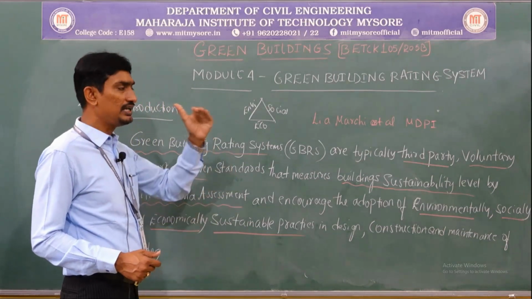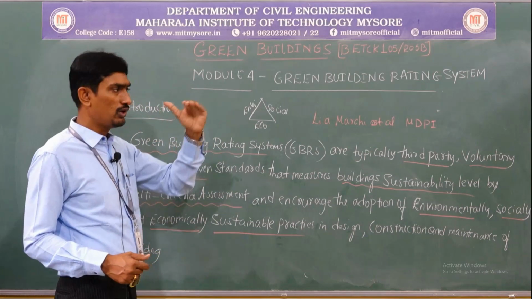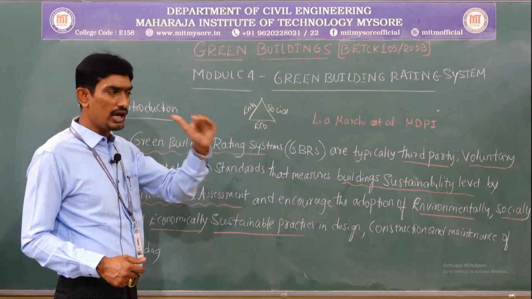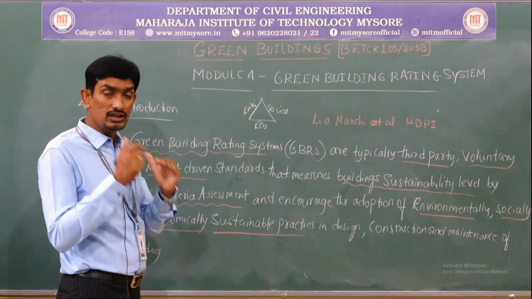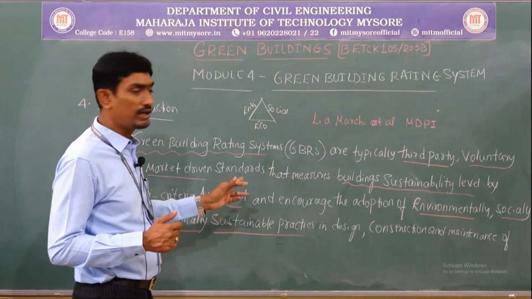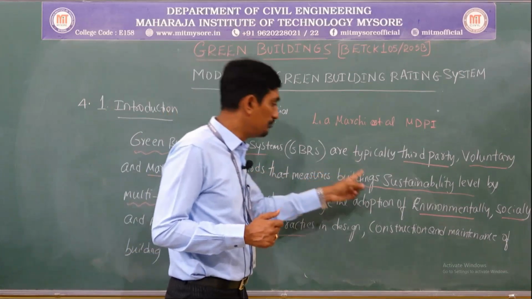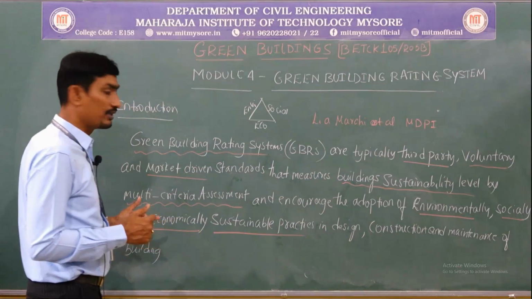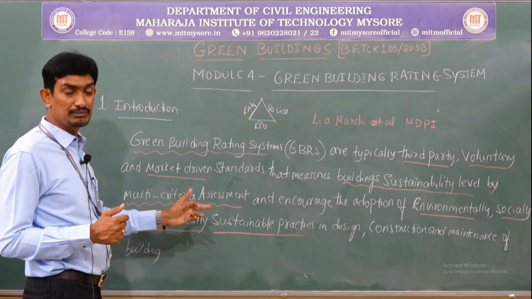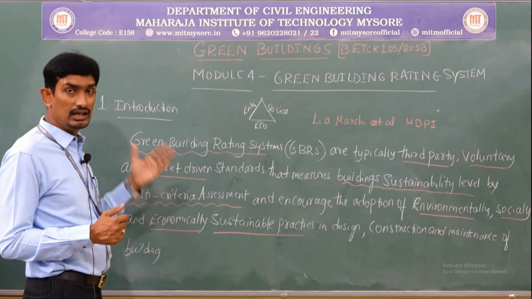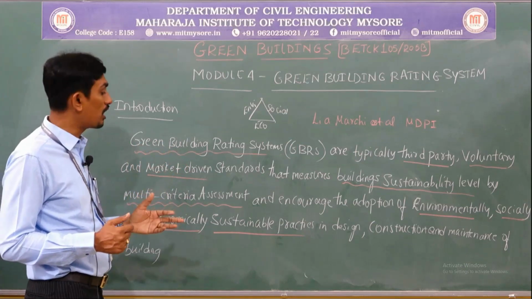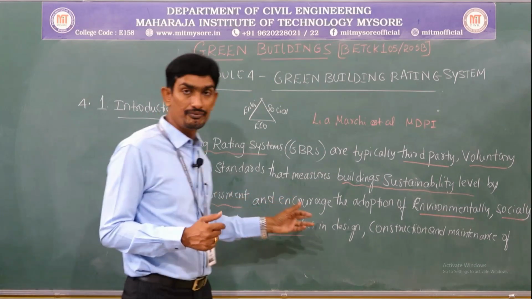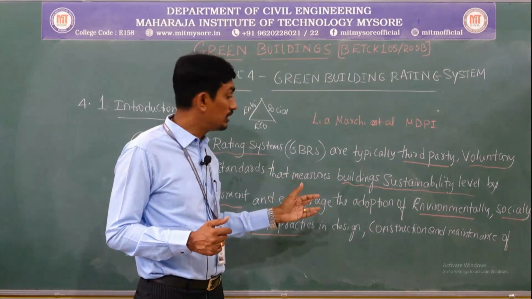That means India has certain standards, the US has certain standards, the UK has certain standards. Based on those standards, I am going to measure the building's sustainability level. How? By multi-level criteria assessment, or multi-criteria assessment, that is water, energy, fossil fuels and all, and encourage the adoption.